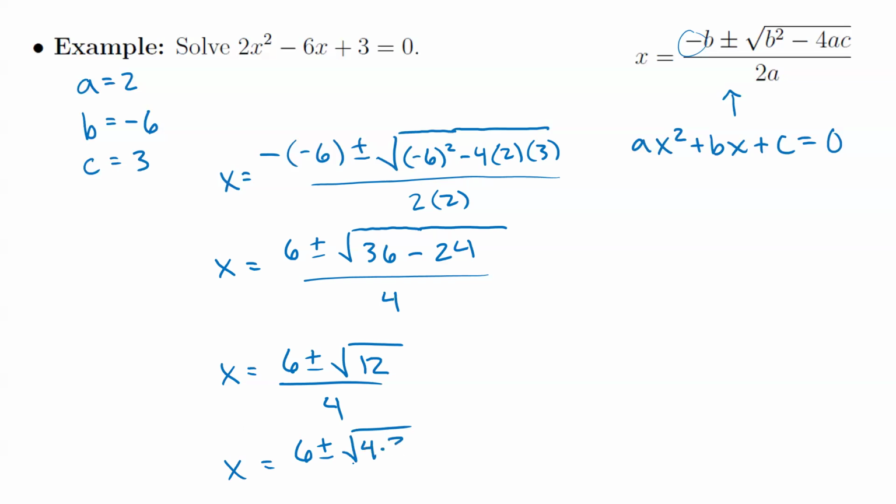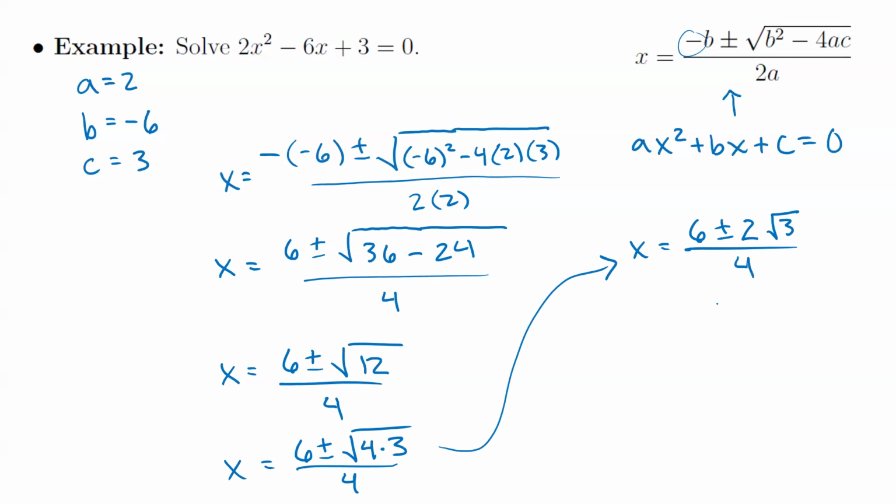Since 12 is 4 times 3. So I would end up with 6 plus or minus. Now that square root of 4 becomes a 2. And then the 3 is left under the radical. And so we have this.